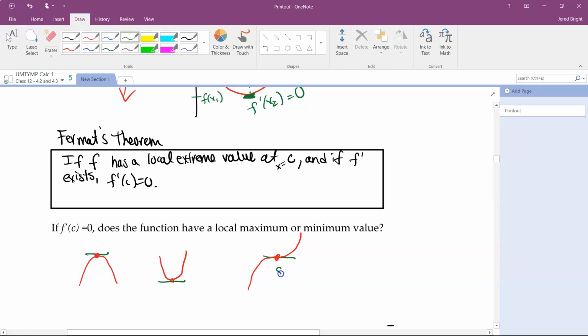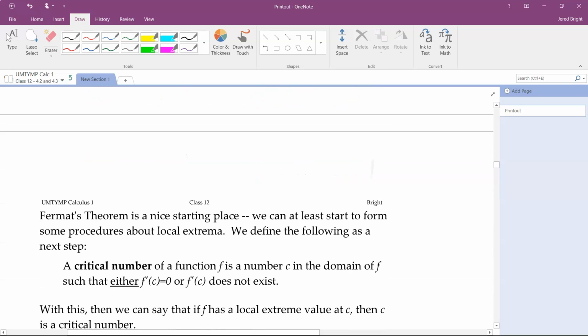So this is what we call in mathematics a saddle point. Okay, so if we know the derivative is 0 at a particular point of the function, then we have either a max, a min, or a saddle point. Okay, so we need to be careful. But at least what Fermat's theorem does is it gives us a nice starting place.